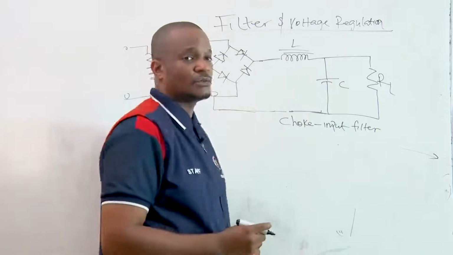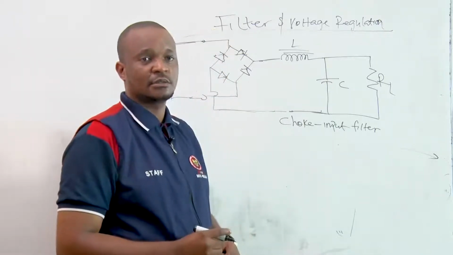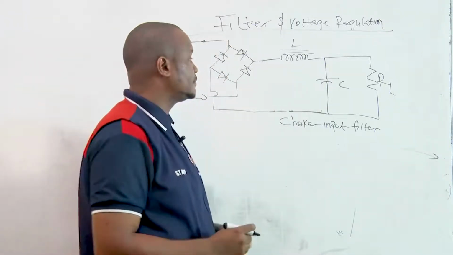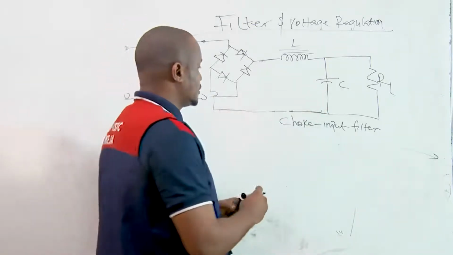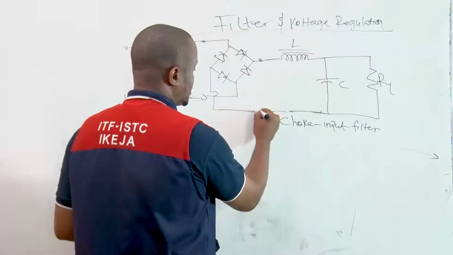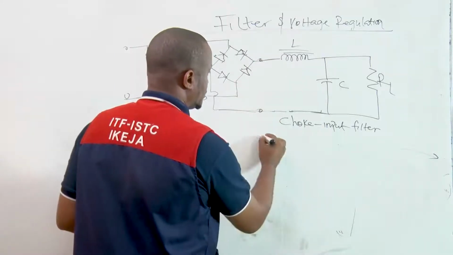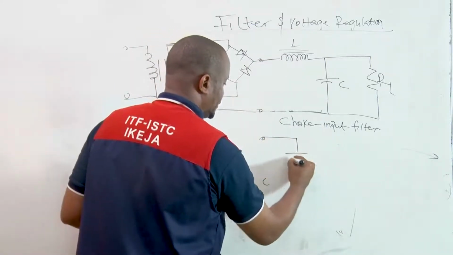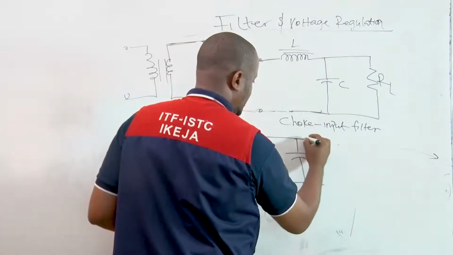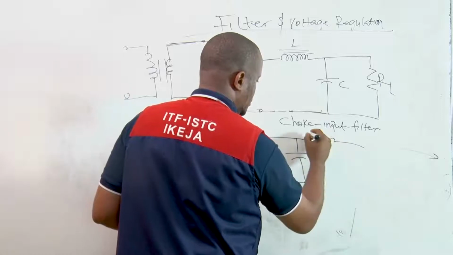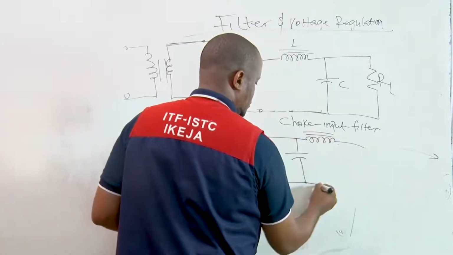Now, under this, we could have different arrangements. We could have the capacitor connected before the inductor. So let me just pick the circuit from here. We could have it also in this form. We have the capacitor, and then we'll have the inductor connected, which is the choke.